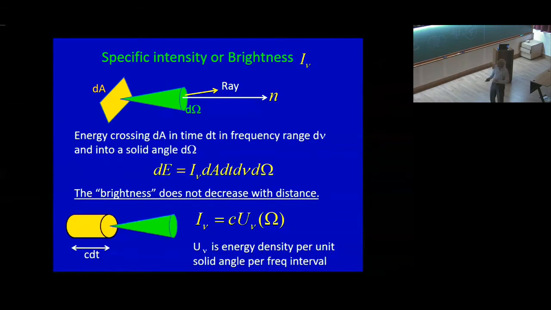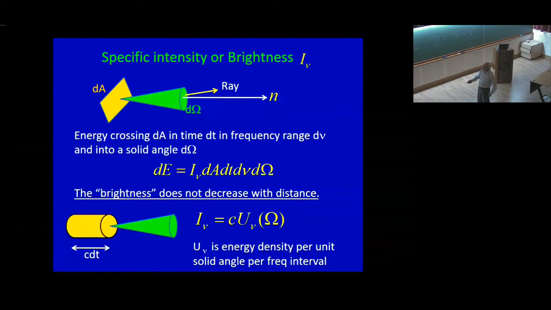Now, very often when we learn physics, we are never introduced to this concept of specific intensity. We talk of the radiation field U nu into a solid angle d omega. What is the relation between the specific intensity and the energy density U nu? Well, very simple. Please remember, I nu is related to the energy crossing this area in a unit time.